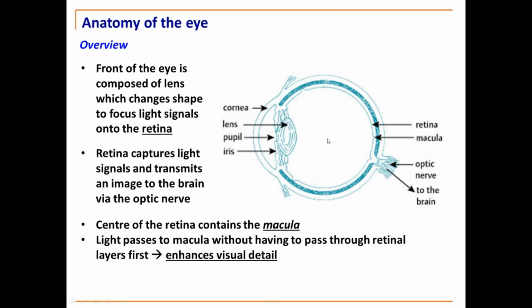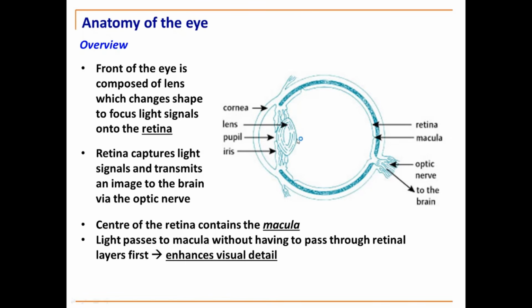The light is coming in this way, and usually it has to make its way through those nerve cells first. But at the macula, where we have the greatest visual detail, they've been pushed off to the sides. The light can get straight through to that area. Acuity is the ability to resolve that detail, and the macula is therefore required for focusing during activities such as reading, for example.